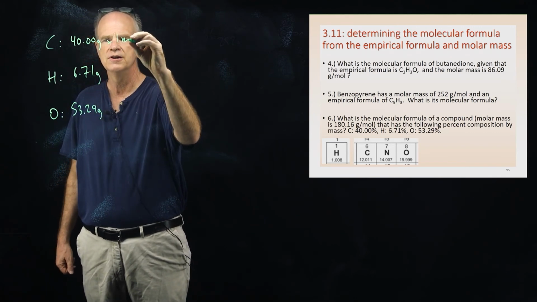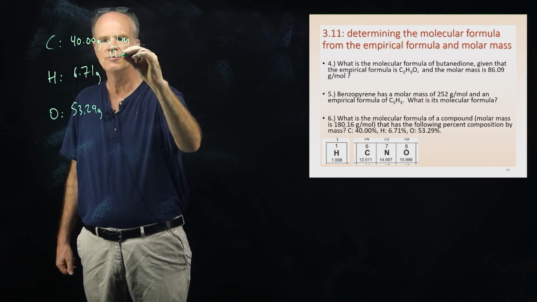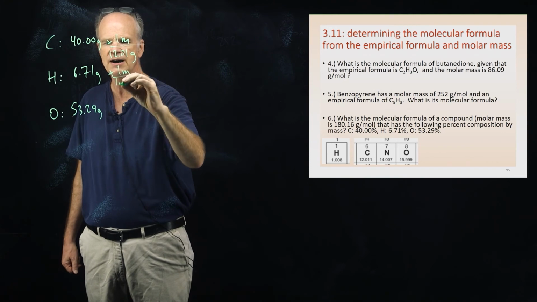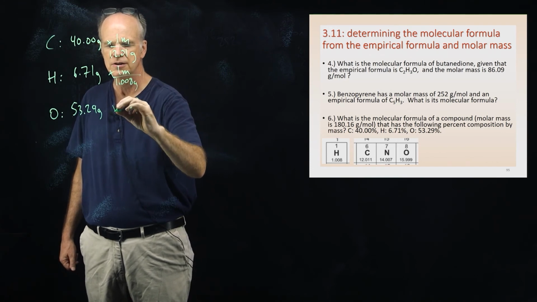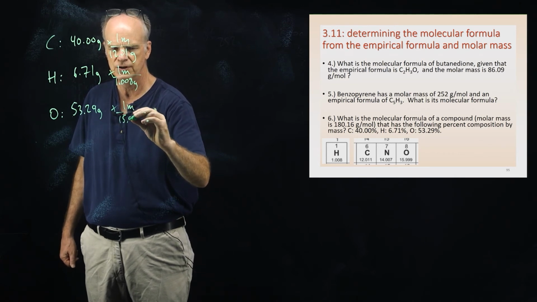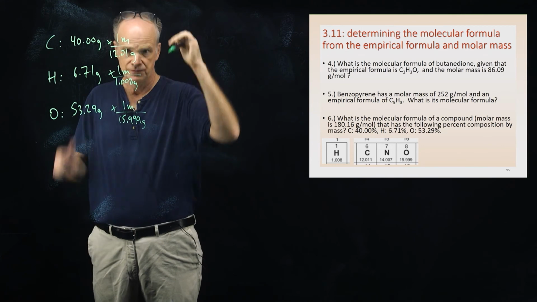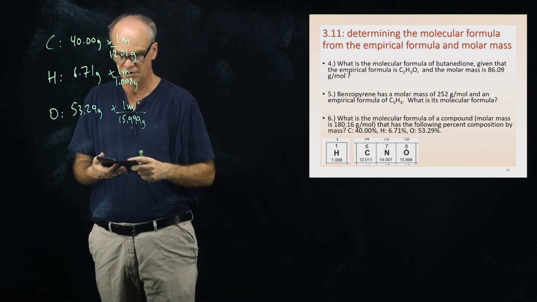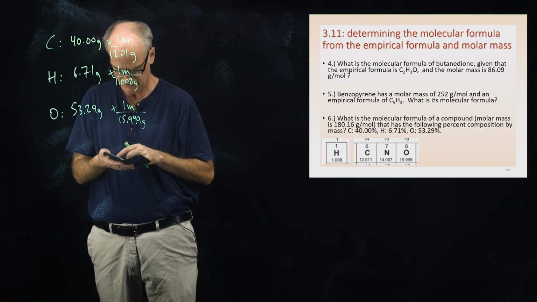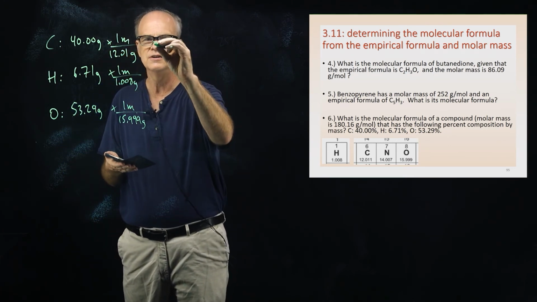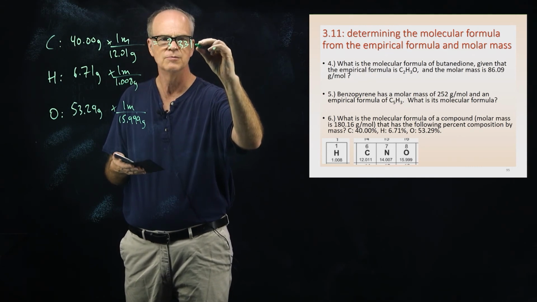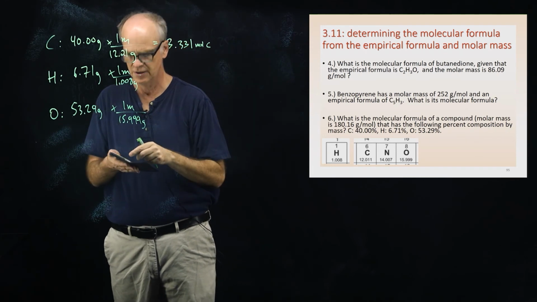So we divide by the molar mass of carbon, here by the molar mass of hydrogen, and then that of oxygen. Let's see, 15.9. Okay, so let's see what kind of moles we get for each of these elements. So it's going to be 40 divided by 12. 3.331 mole carbon, 6.71.